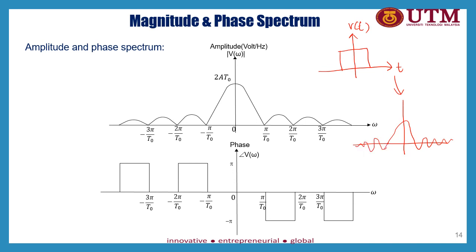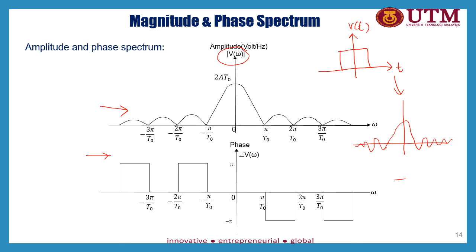Okay, but in this case, if you notice, this is the magnitude. So all negative amplitude will be positive. So the magnitude spectrum can be drawn as this. And this is the phase spectrum. Since the negative amplitude becomes positive, therefore that's a phase shift.